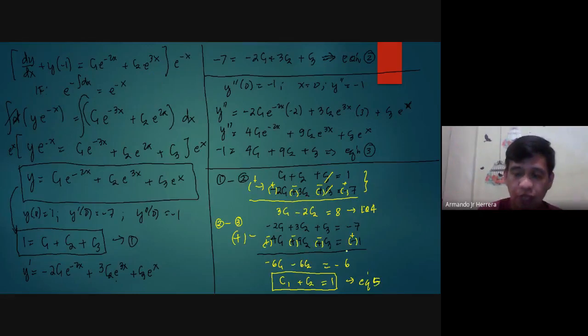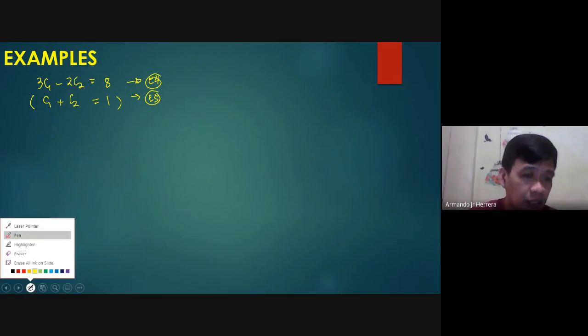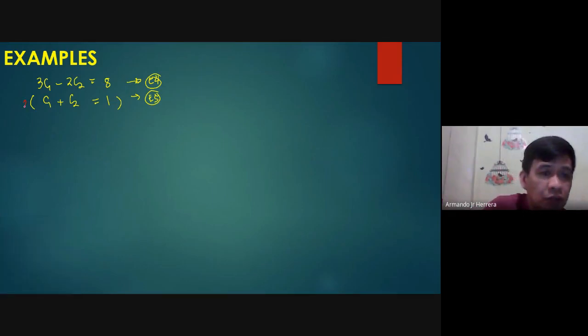So if I multiply 2 to equation 5, 3c1 minus 2c2 is 8, multiplying 2, that's 2c1 plus 2c2 is equal to 2. That cancels out. If we add, we get 5c1 is equal to 10. Then c1 is 2.